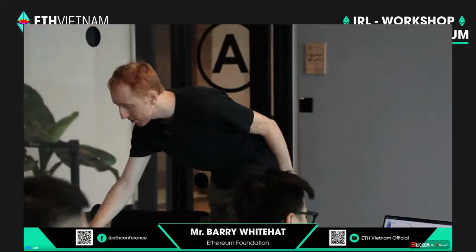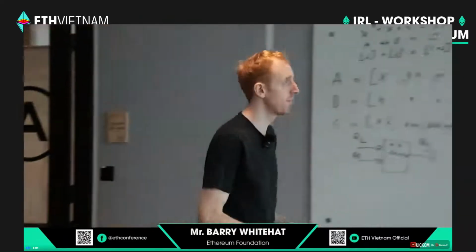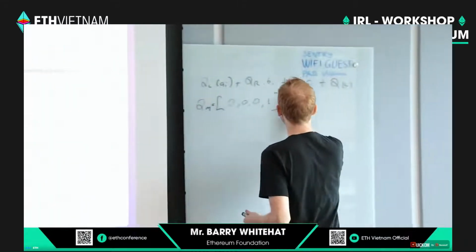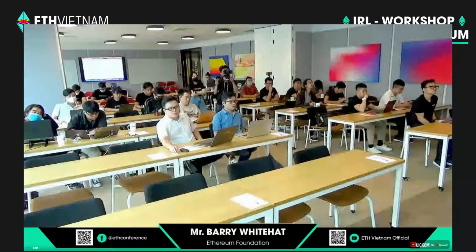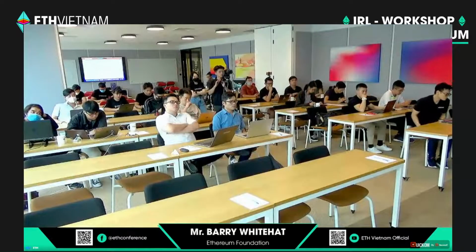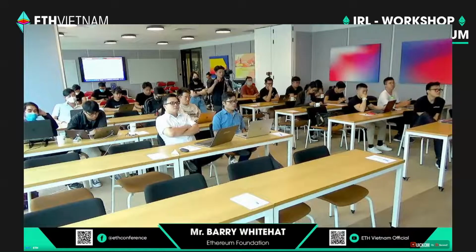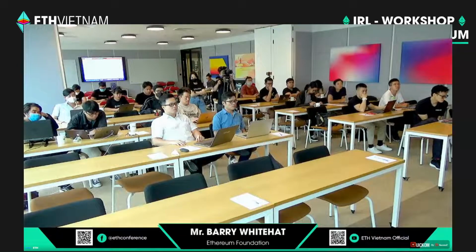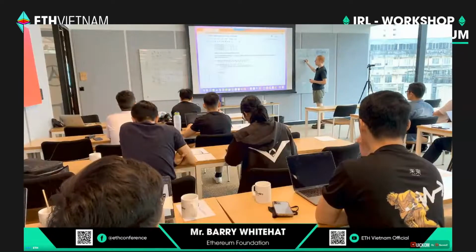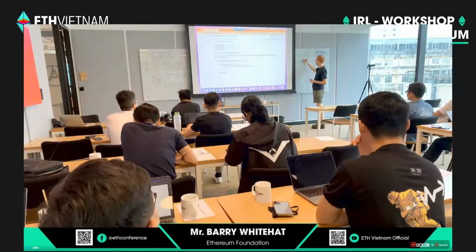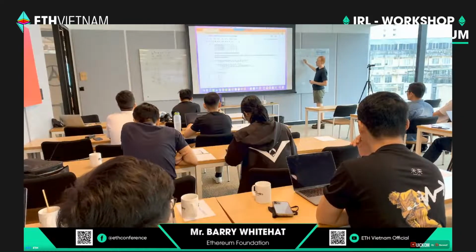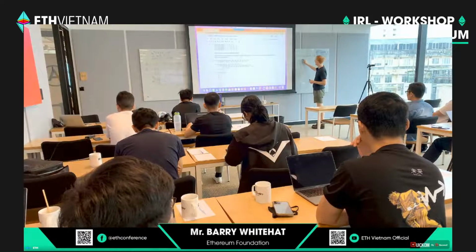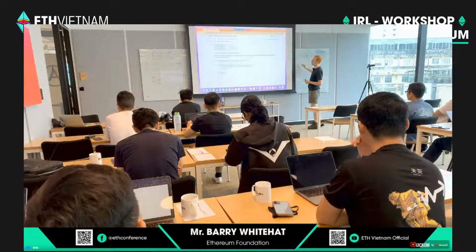So we have this equation, and let's substitute in. QL is 1, QR is 1. So QL is 1, it's AI.